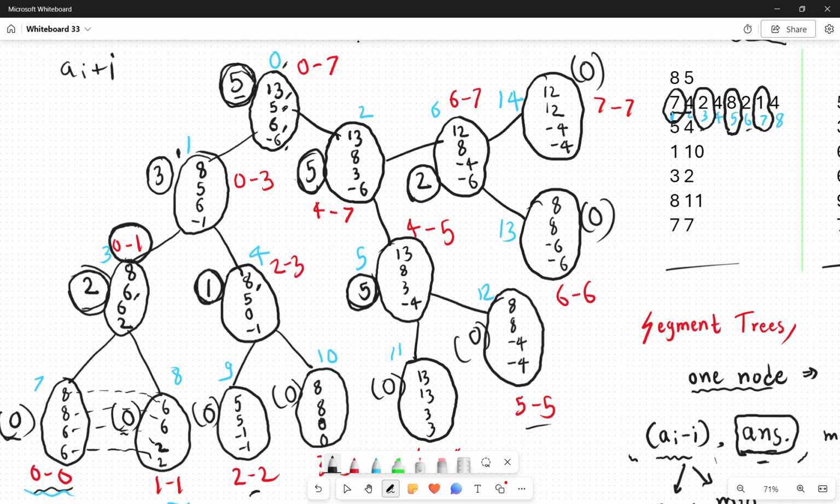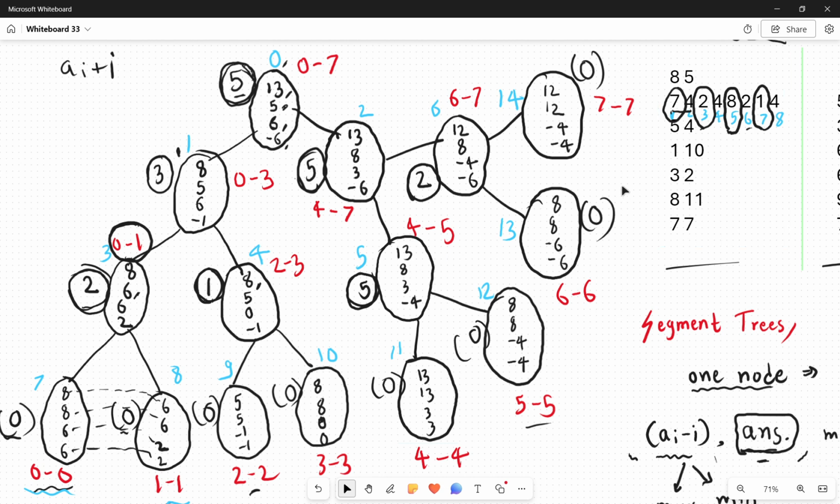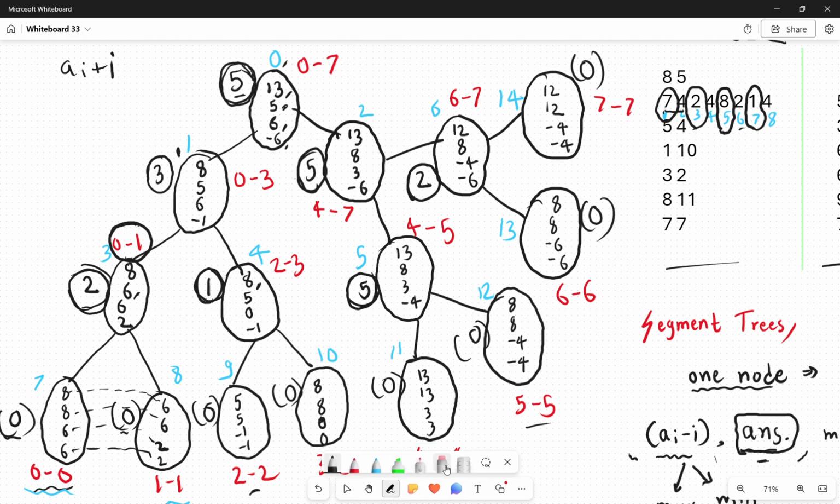I definitely hope that you will be able to perform the other modifications as well. It will be hands-on practice for you. The first modification is that on index 5 you modify the value to 4, right?